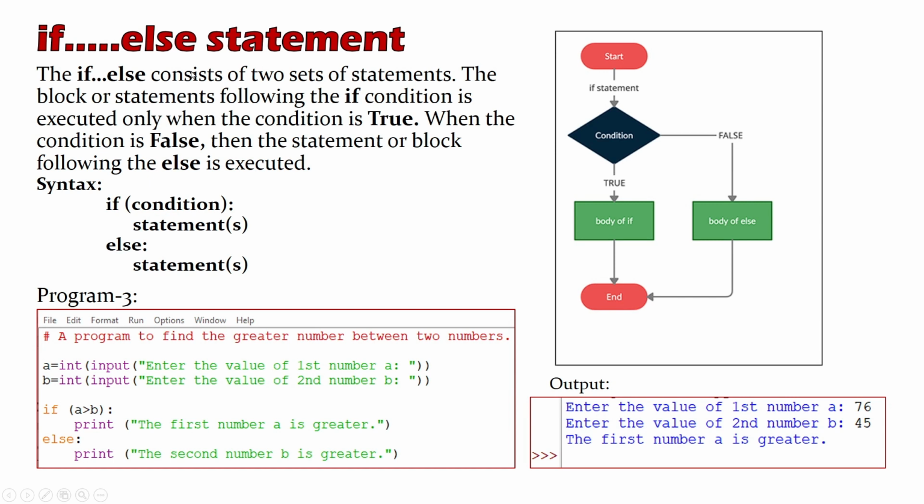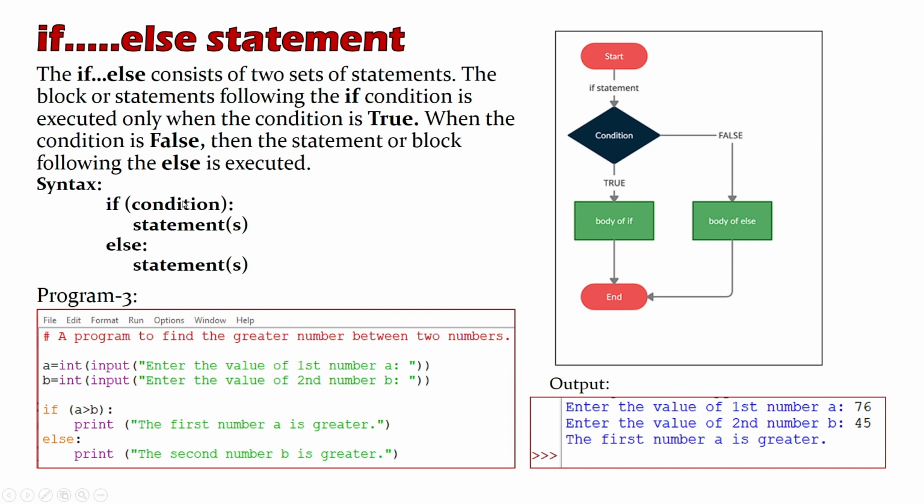If-else statement. Now this is the second conditional control structure. If-else consists of two sets of statements. You can see one is if and the next part is else. The block of statements following the if condition is executed only when the condition is true.